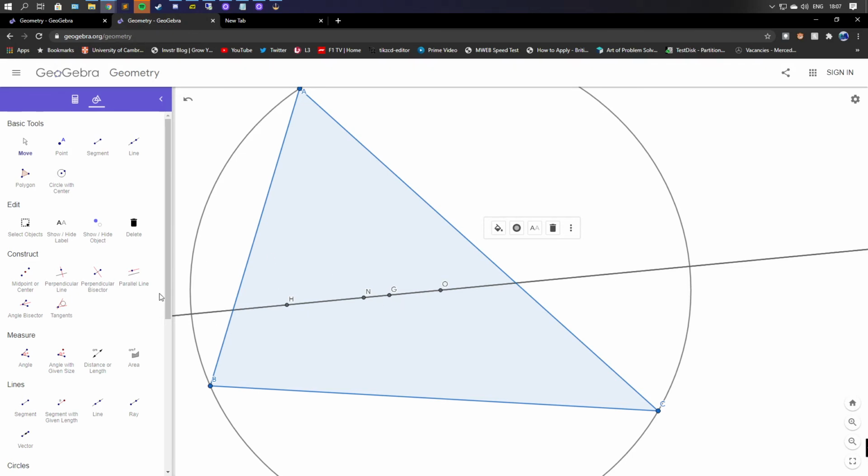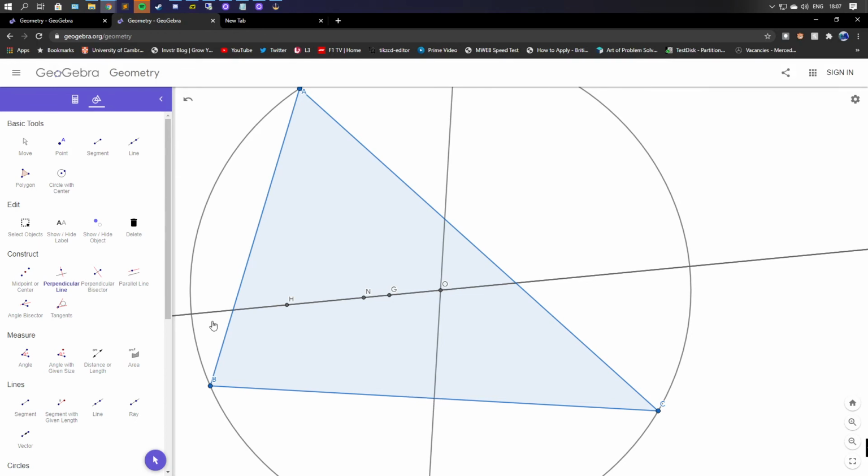And now let's go about proving such a theorem. So let's first show that the orthocenter, centroid, and the circumcenter all lie on a line. And the way we're going to do this is by constructing the perpendicular from O to this point.